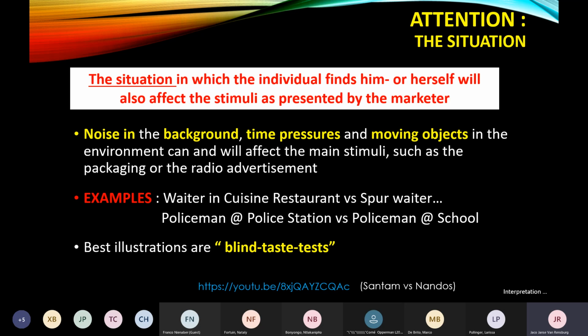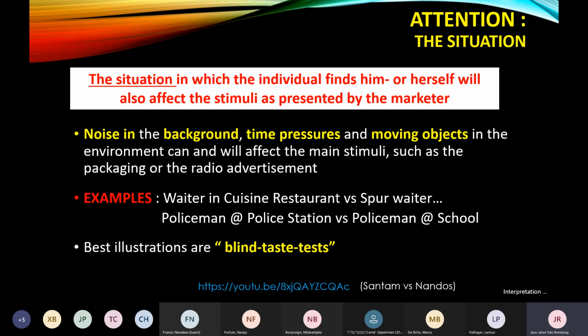You can pay greater attention to getting the order correct, and maybe even offering them something extra in the service because of the environment. But if you're a waiter in a spur where everything happens fast and you can't wait for the table to be cleared so the next people can come in, it's very noisy. The music is loud, but it's a different environment.